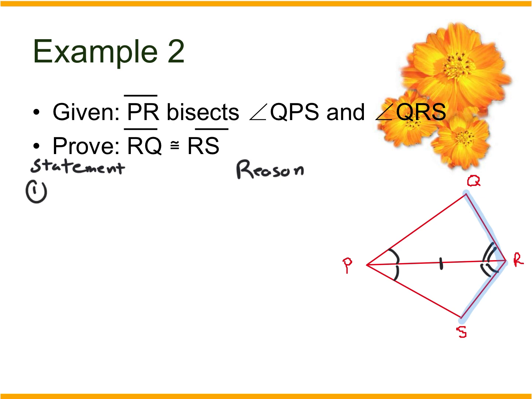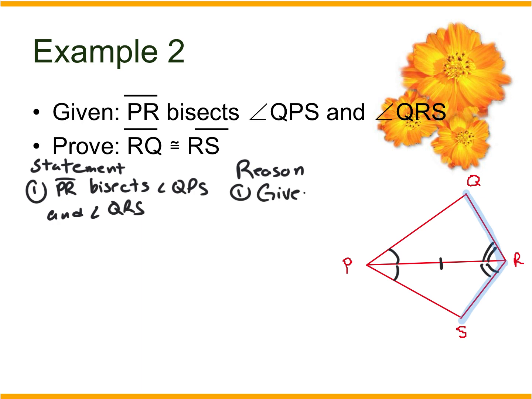So the first one is always a given. PR bisects angle QPS and angle QRS. That's given. Then we have the second one, which we can say that PR is congruent to PR.